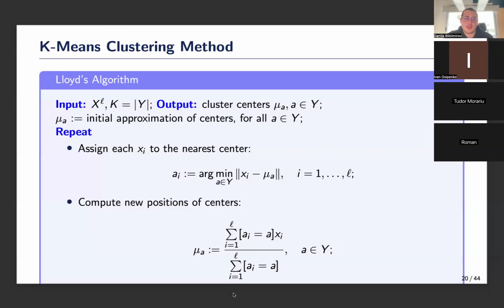The modification of k-means that uses this heuristic for choosing initial centers is called k-means++.